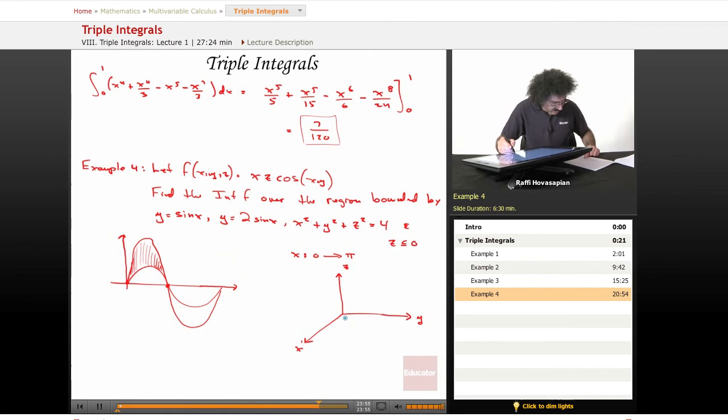So y equals sine x, that's sine x, that's sine 2x, so this is the region. And then of course we have everything below that, so we have the sphere.